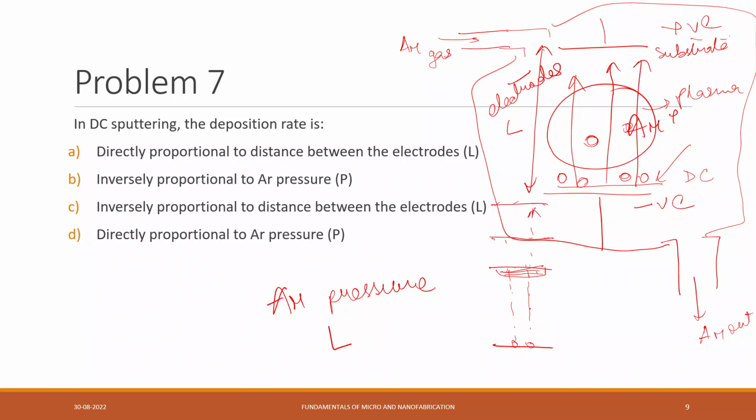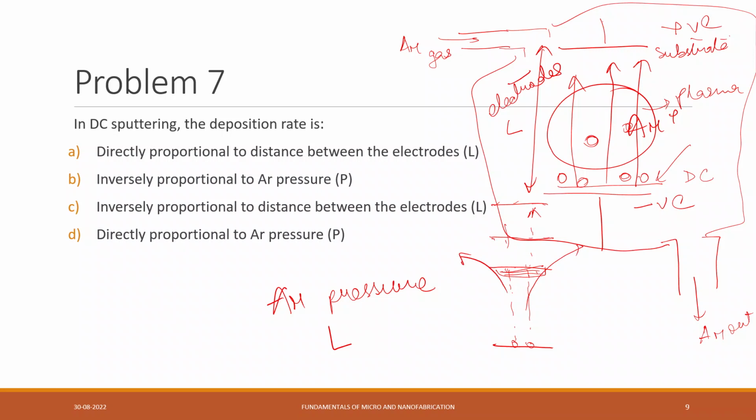In between, they can also get lost and go this way. So when the distances increase, the materials have to attain longer lengths, and that decreases the deposition rate.